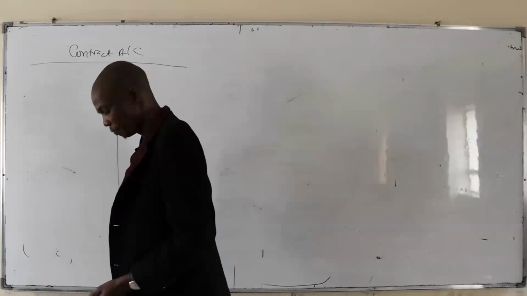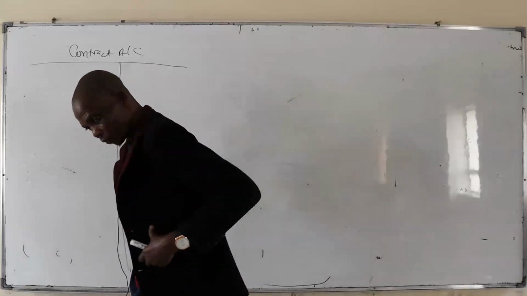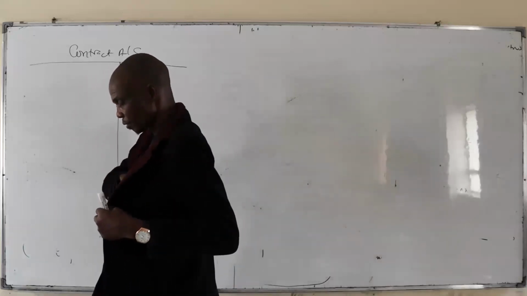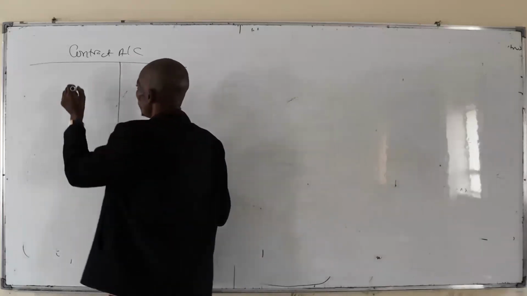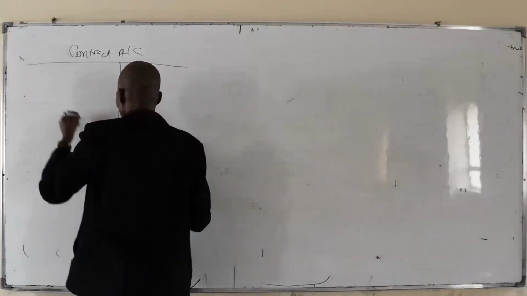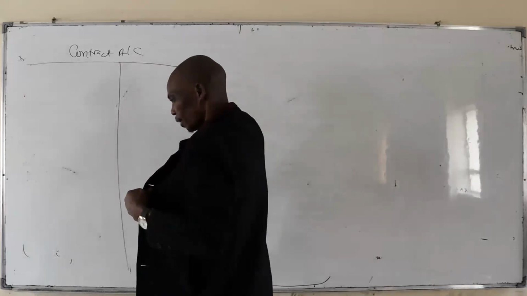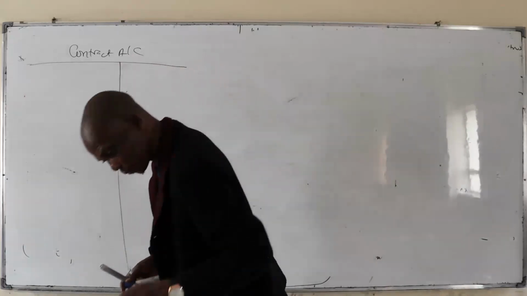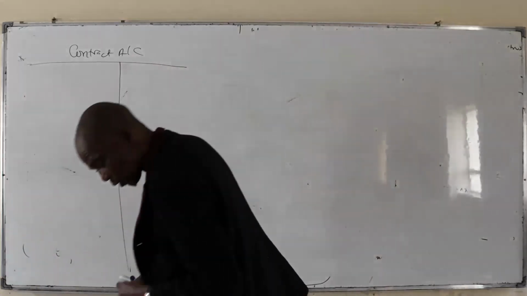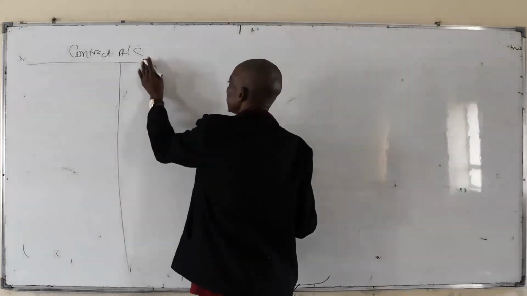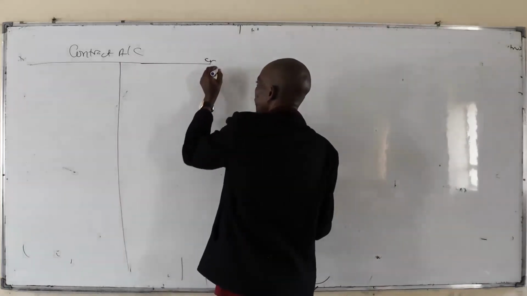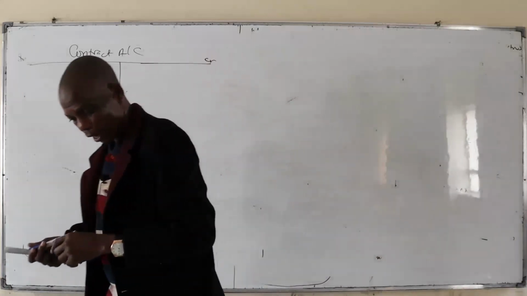It takes the form of a T format. This is debit, just like any other account, the left-hand side is a debit. And this is a credit.